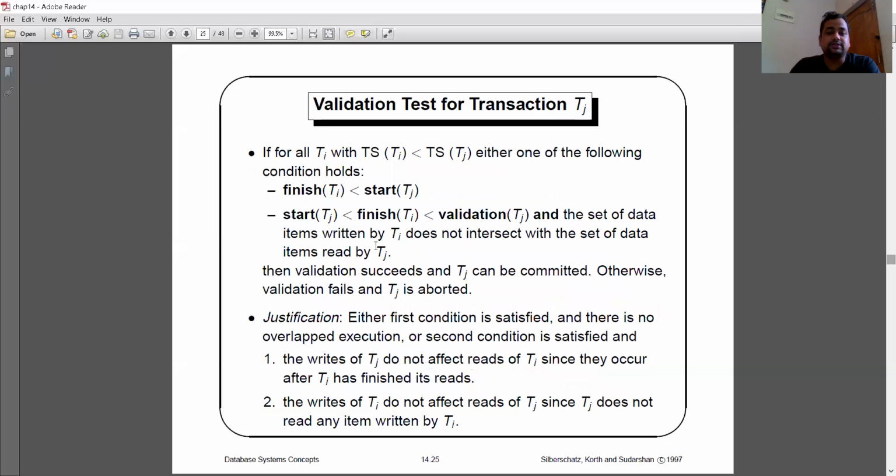Now we have to discuss what that phase is. It is nothing but the validation of a transaction Tj.